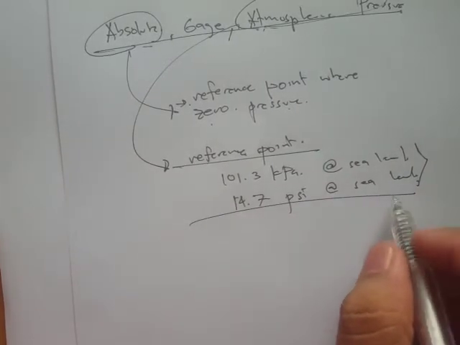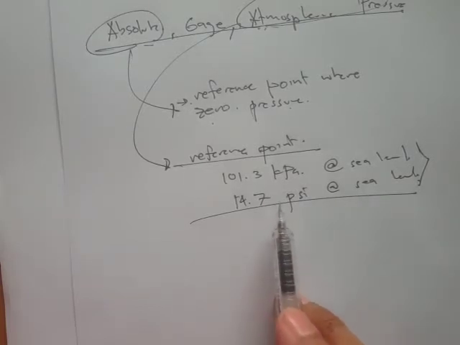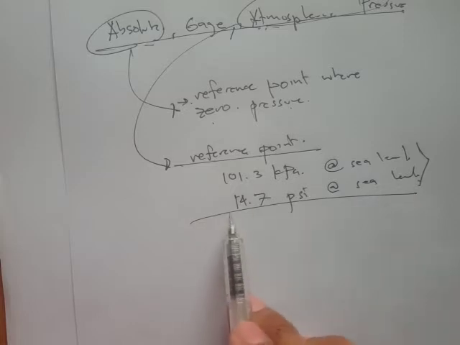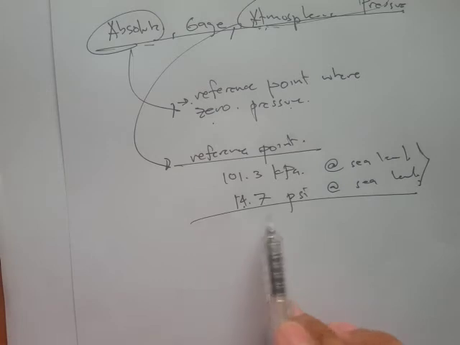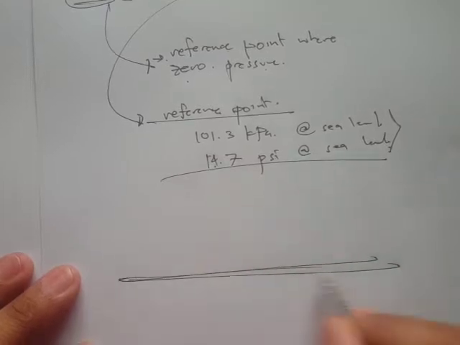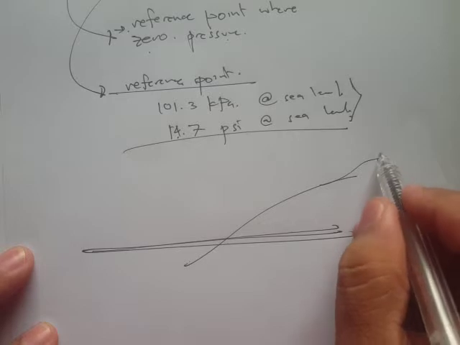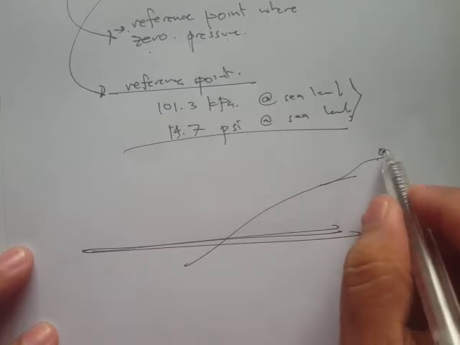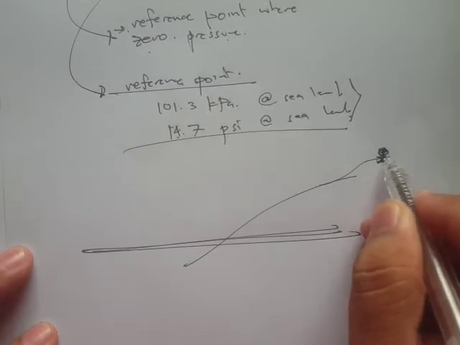Okay, so depending upon your atmospheric condition or the ambient space, this reference point would also change. So if this is the sea level, and your location is, let's say, 100 meters above, right?